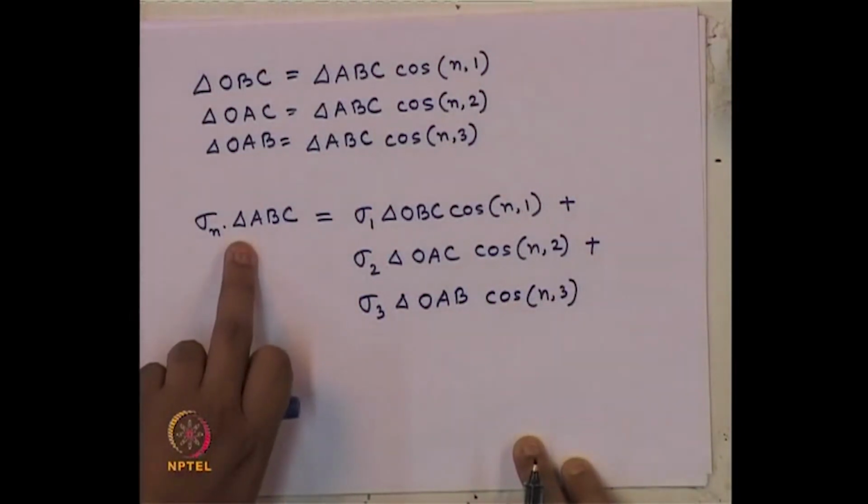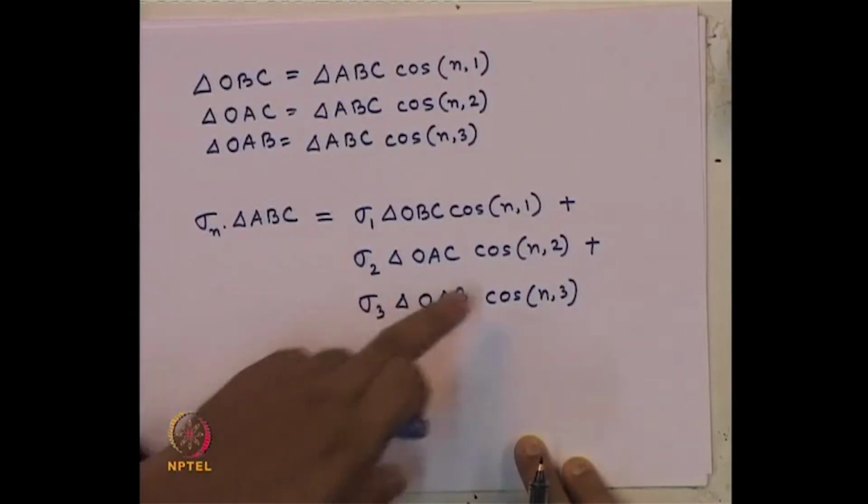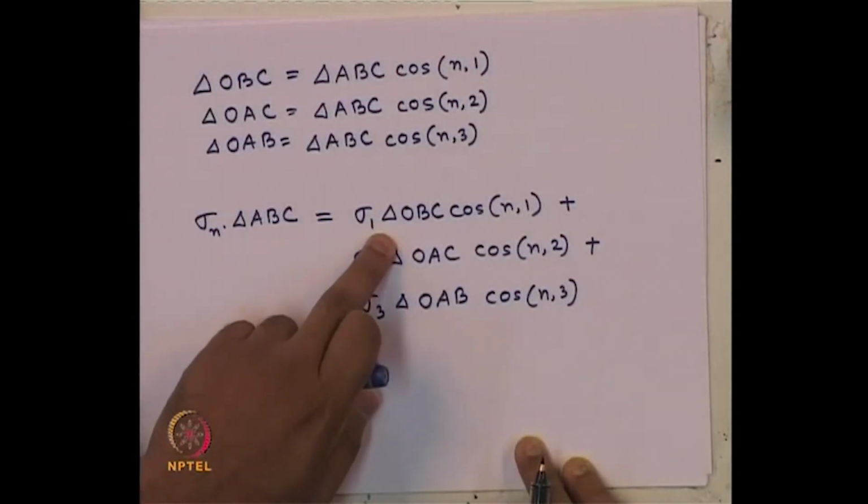Total normal force I am obtaining. Total normal force on the nth plane should be equal to this one, that is the component of the normal force we are having on plane OBC.